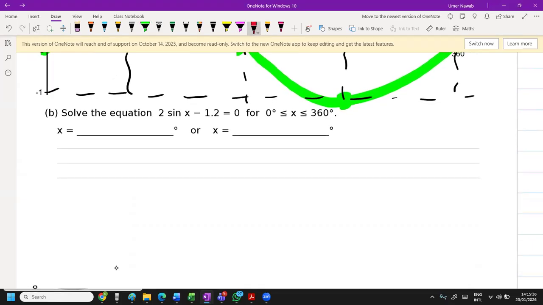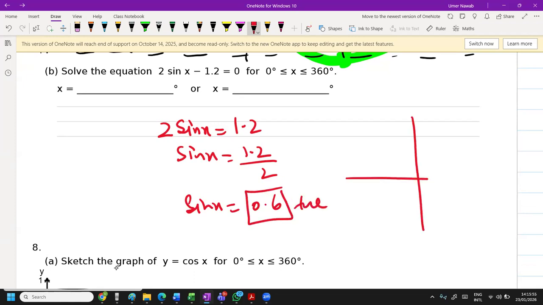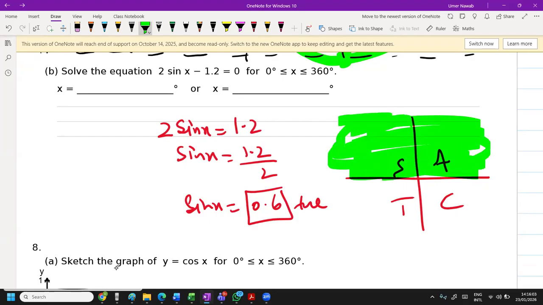I want to solve 2 sine of x is equal to 1.2. Sine of x is equal to 1.2 over 2. And that gives me sine of x is equal to 0.6. This is a positive answer. I'm expecting my answer in the first two quadrants because sine is positive in the first two quadrants.